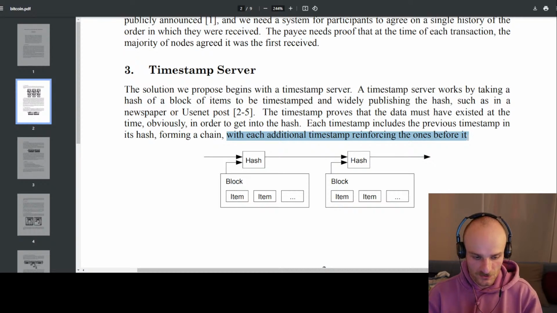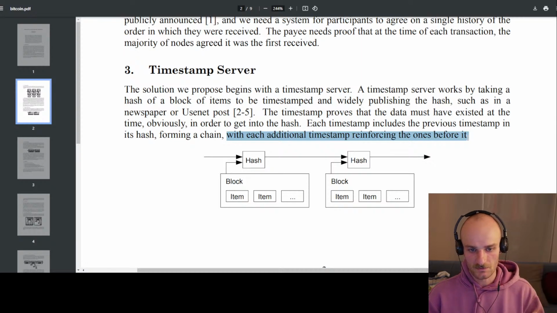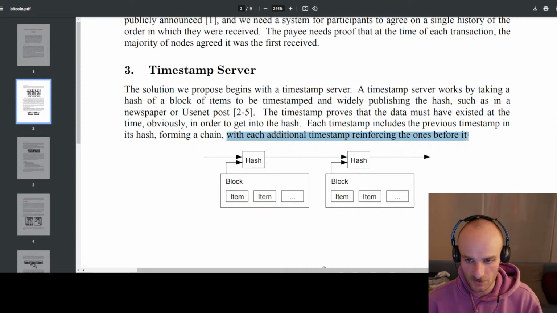And when you generate another block, you create a chain, and the longer the chain is, the less probable it is that someone will be able to attack it.